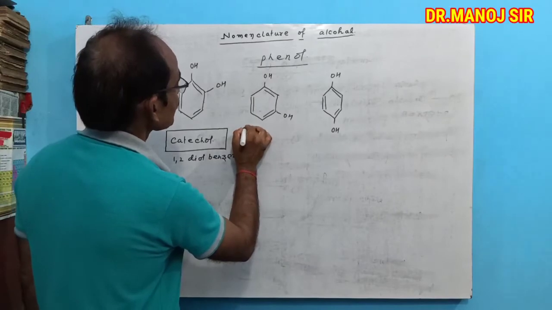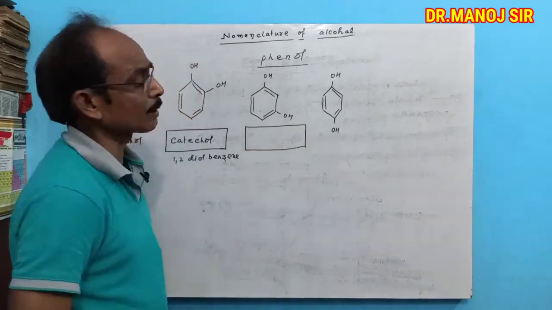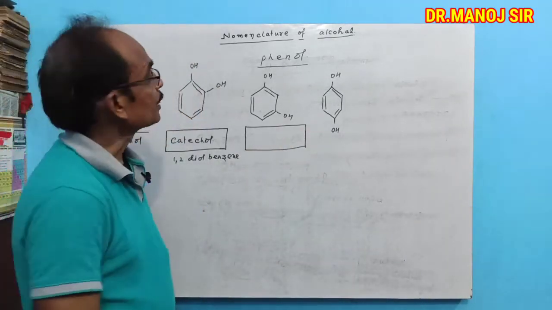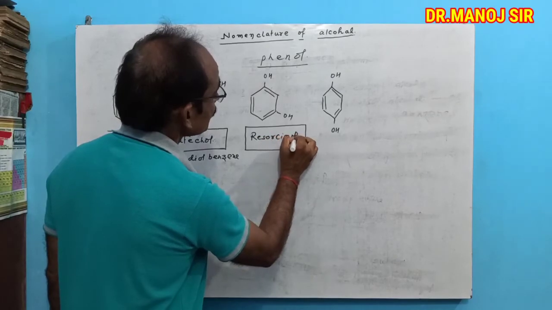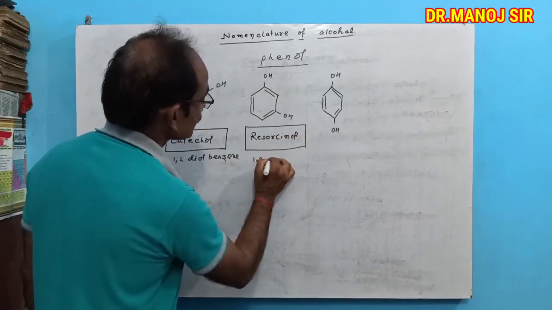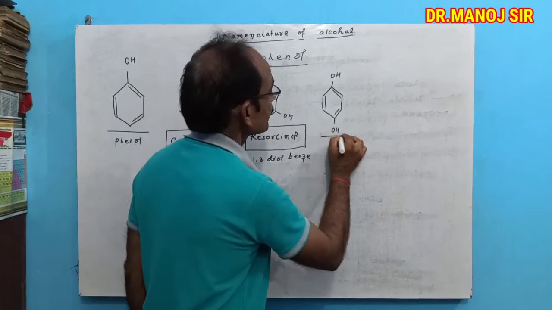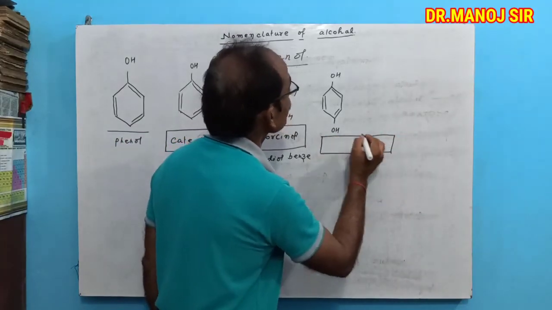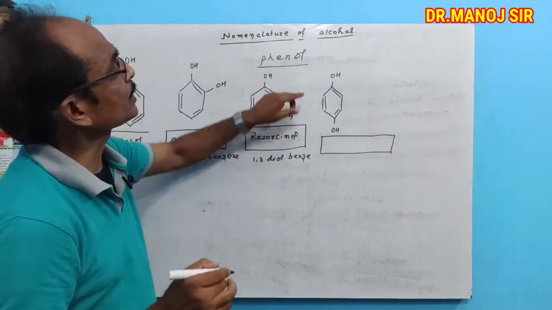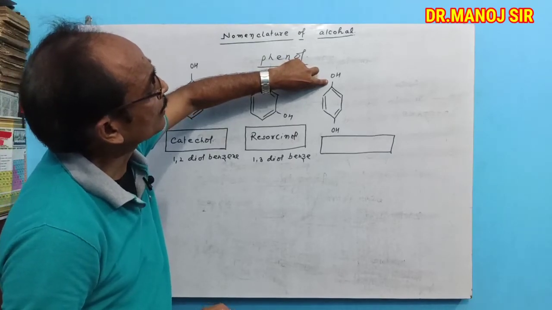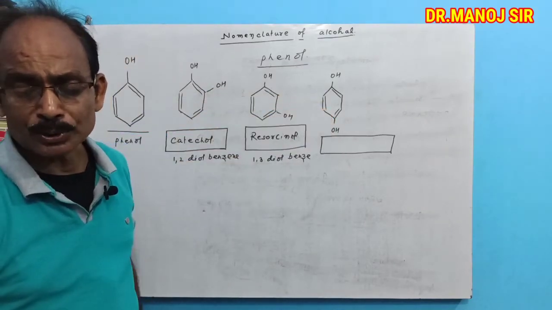Here the commercial name of these derivatives of benzene of alcohol is known as resorcinol, that is 1,3-diol benzene, and the commercial name of this fourth structure of benzene, in which the OH functional group is placed at number 1 of carbon and number 4 of carbon, is called hydroquinone.